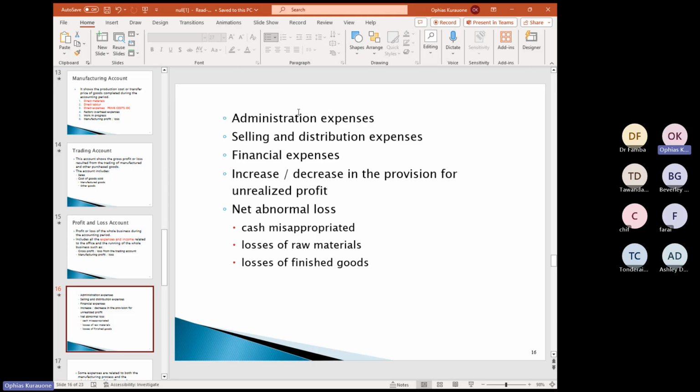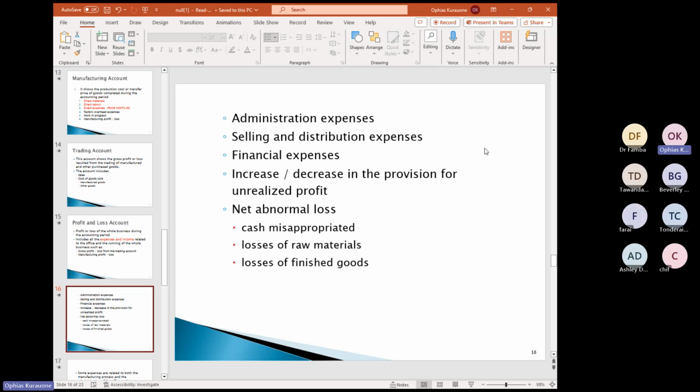Then you have administration expenses again. The directors, the people who are the champions of the businesses, who are in strategic positions, those are administration.